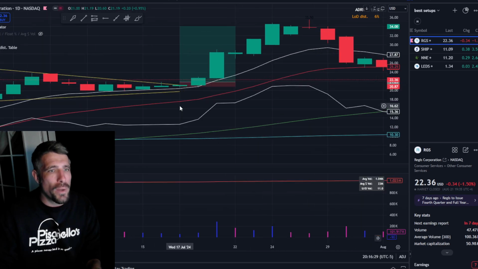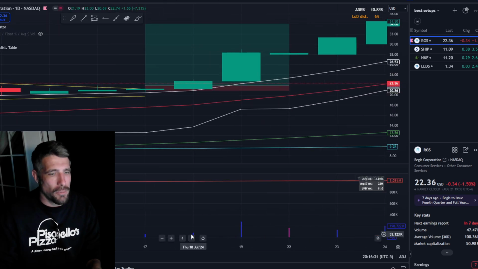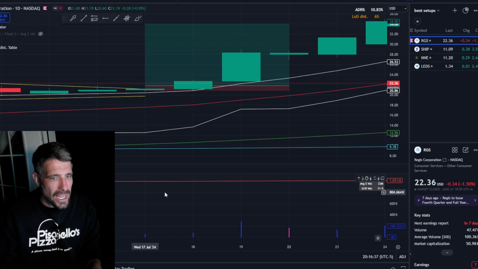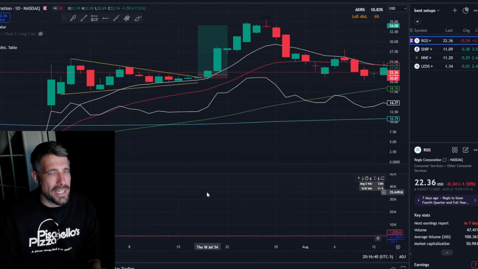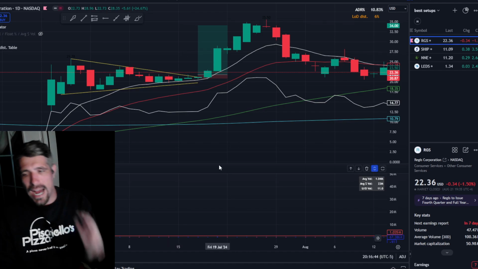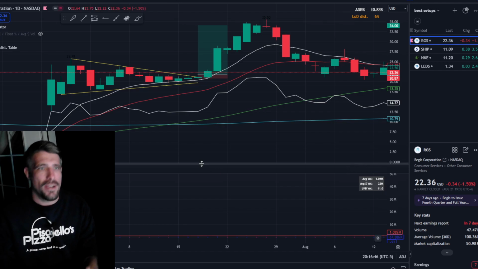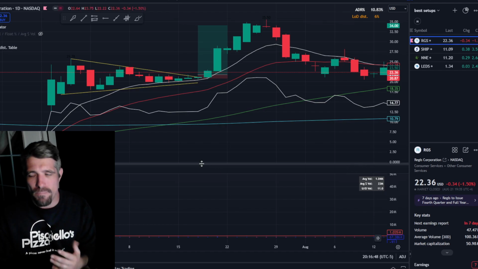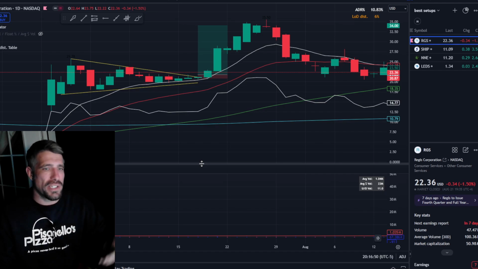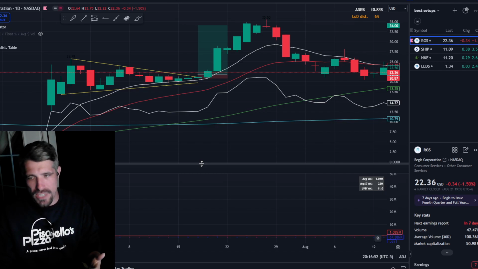But I always like to take these breakouts on volume. Look at the volume that day. It's just as much, if not lower, than the past week's trading. So that's why sometimes the data can be a little iffy. I like to take it on higher volume just because it gives me that extra characteristic of why I feel comfortable taking it, okay?